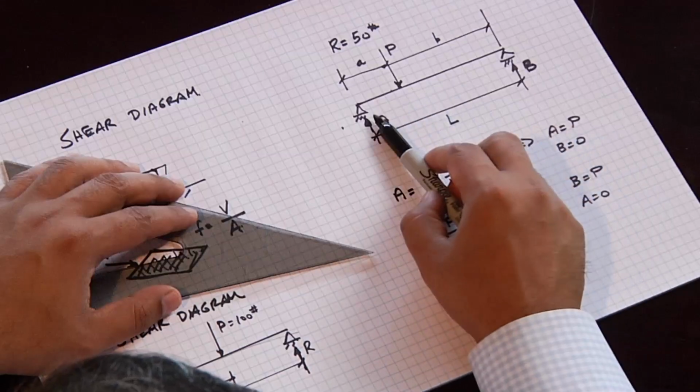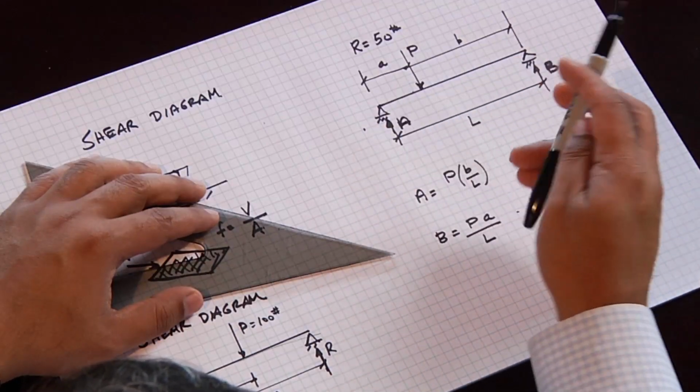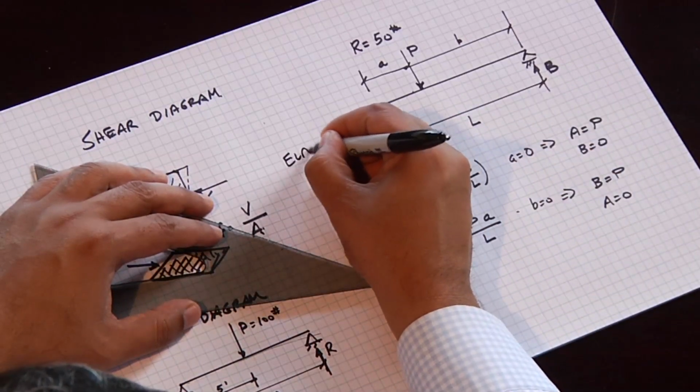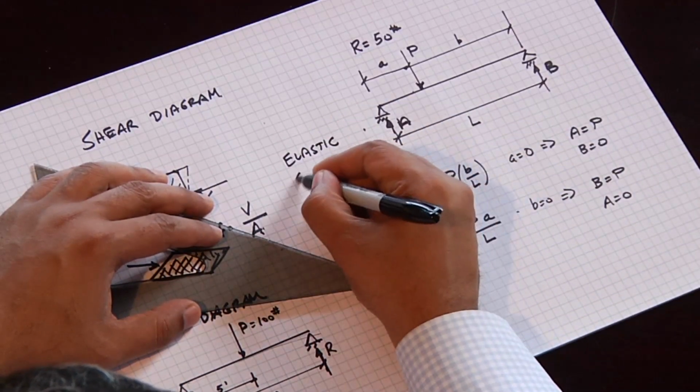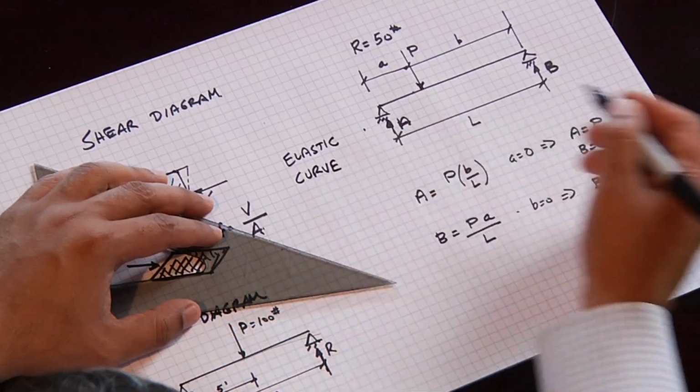The other thing that's useful in solving problems, before we even get to the shear diagram, is to look at the structure and try to imagine how it is deflecting, or what we call the elastic curve. We look at this structure.